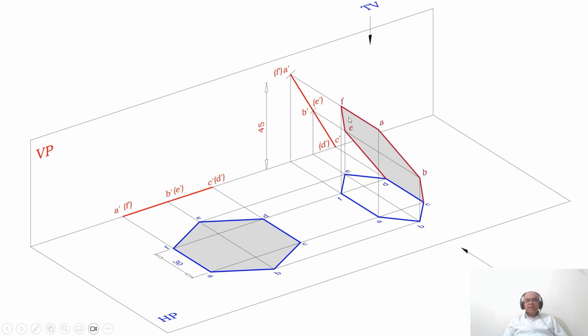Once you do that, this three-dimensional hexagonal surface will become like this. When you look from the top view, these projection points will be on the horizontal plane. So we have A to B, B to C, C to D, D to E, E to F and F to A. This is the top view of the image that you are going to get here.